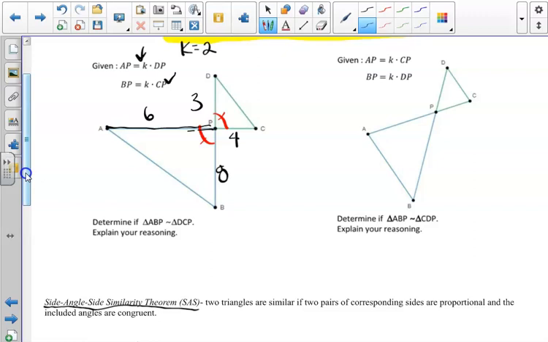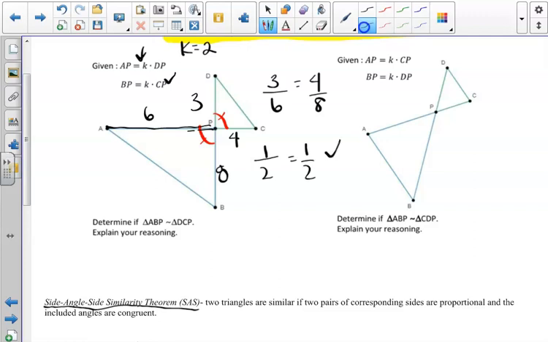So what this means is, there's my congruent angle in red, and if we take our side lengths, we were comparing 3 to 6, and 4 to 8. If we get the same scale factor, then we know that these 2 triangles are similar. So 3 to 6 can be simplified to 1/2. 4 to 8 can be simplified to 1/2.